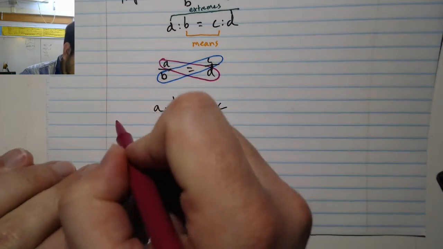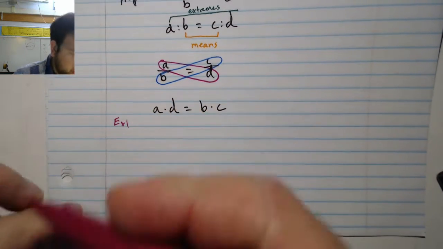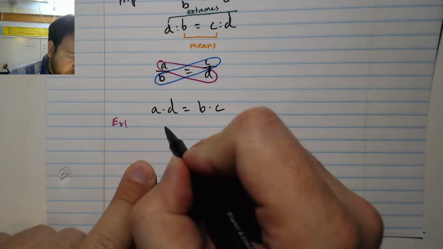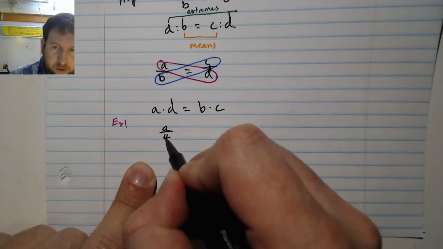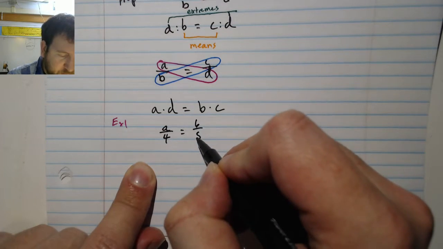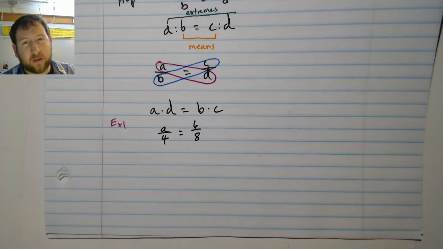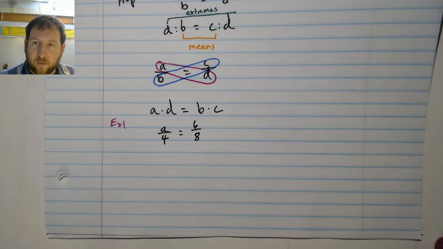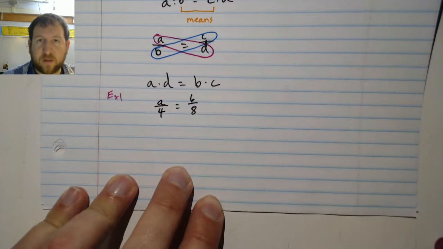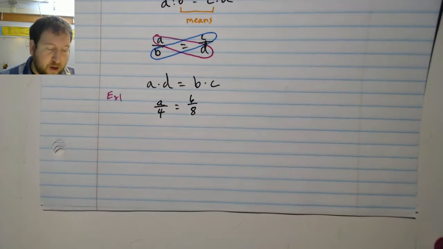Example 1. It'll be short and sweet. I hope it'll fit on this page. It looks like this: A is to 4 as 6 is to 8. Now, it's likely we can do this one in our head, but let's take a look at what these cross products would give us. So I am going to be able to multiply the opposite corners to each other, and those are equal.